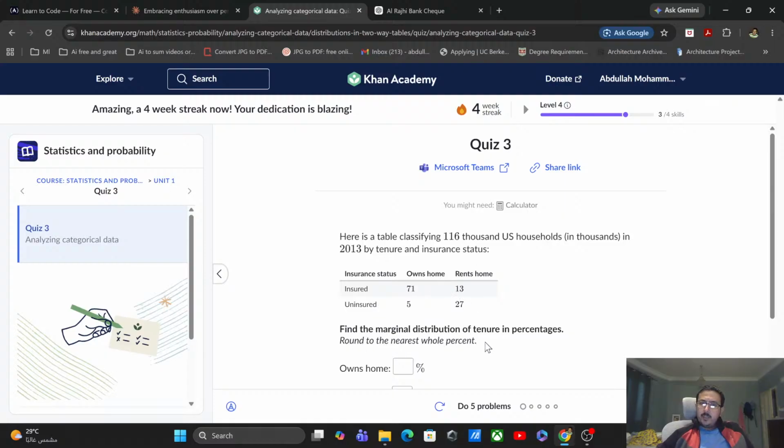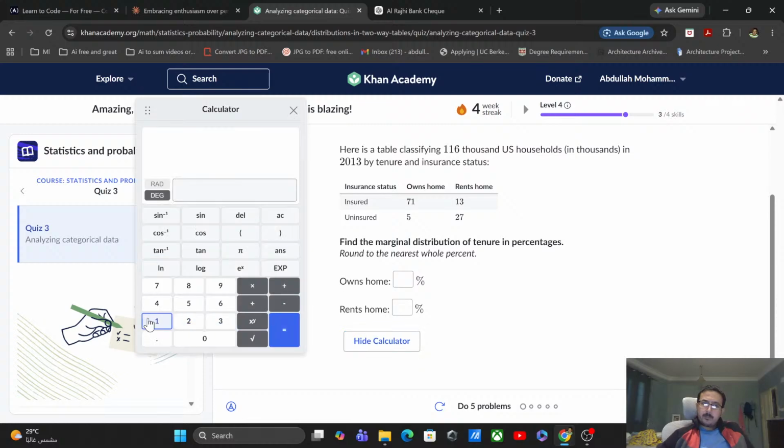Find the marginal distribution of tenure in percentages. So I got 71 out of 76, which is 93%.